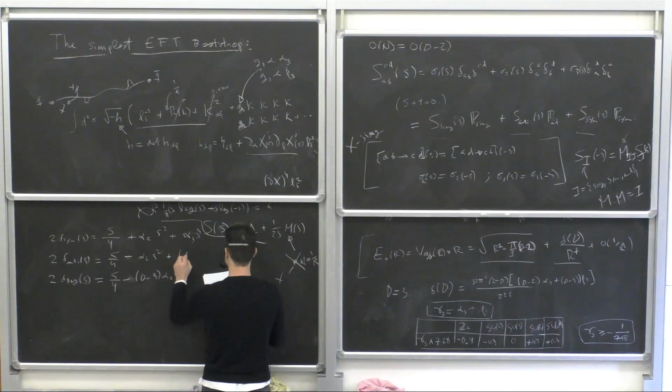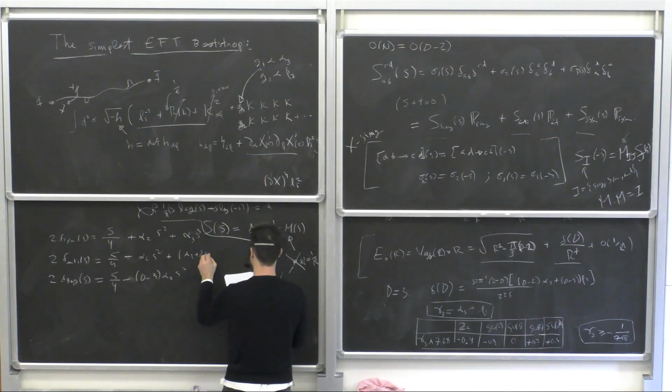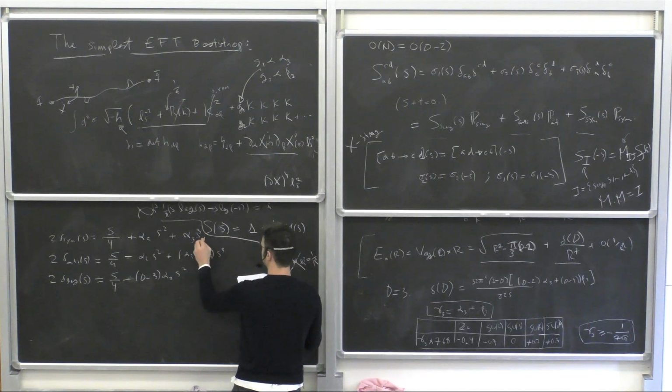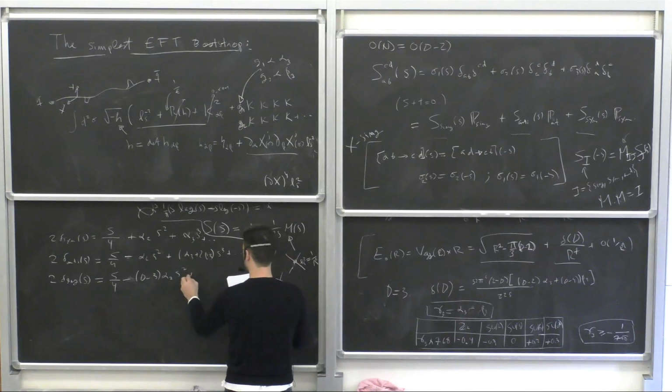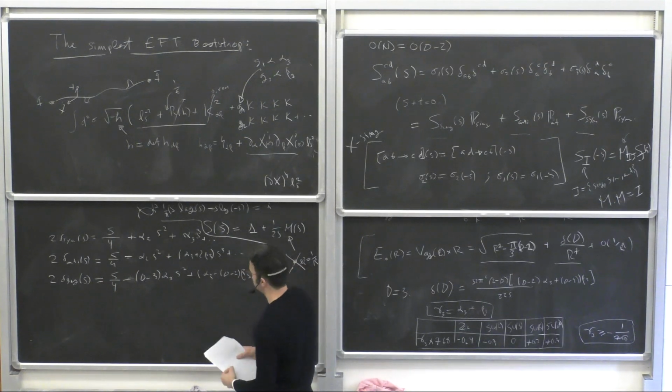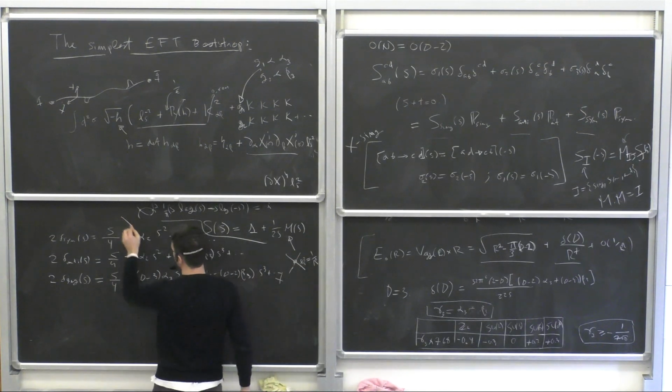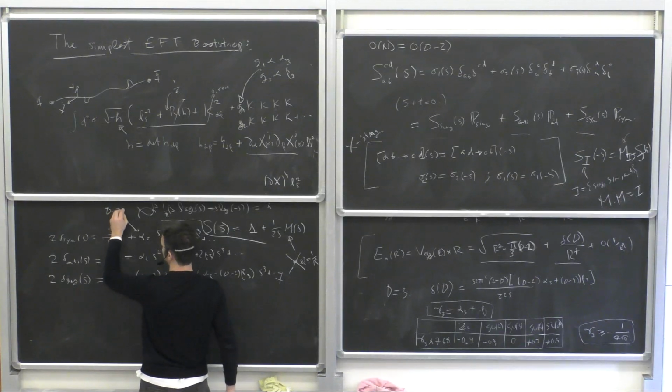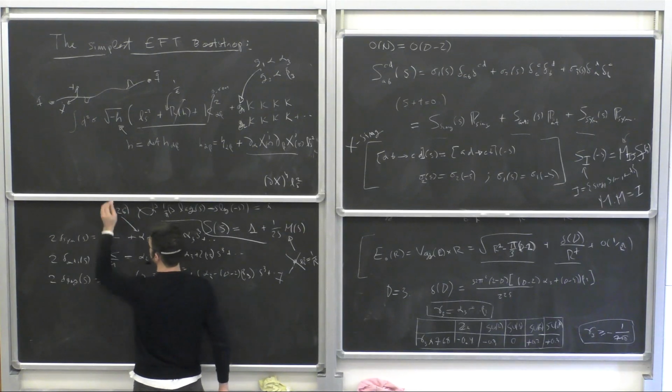And there's a correction which is alpha 3 plus 2 beta 3 s cube plus dot dot, plus alpha 3 minus d minus 2 beta 3 s cube plus dot dot dot. This term here is unambiguous and is proportional to d minus 26.